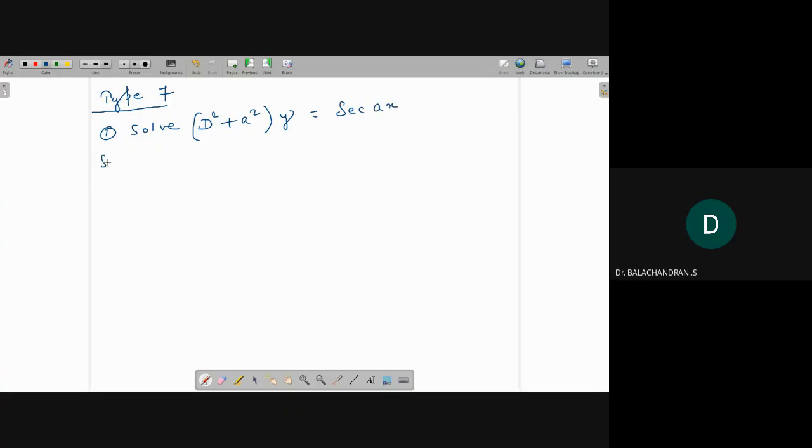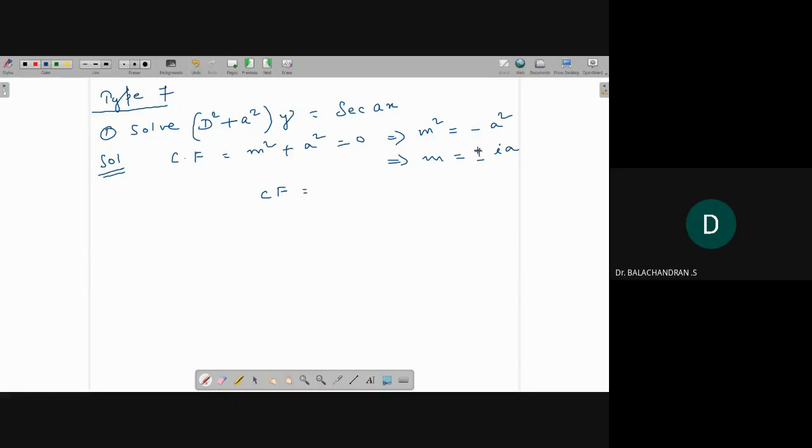Solution. As usual, you should find the complementary function. M square plus a square equal to 0. This implies m square equal to minus a square. This implies m equal to plus or minus ia.